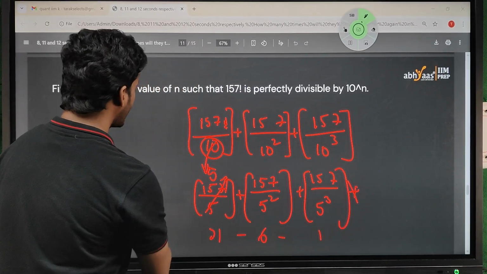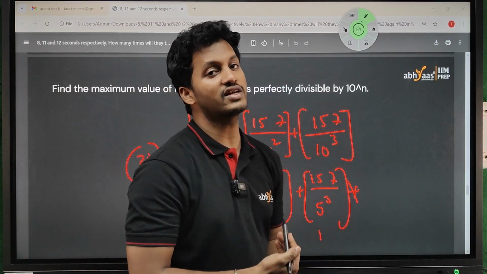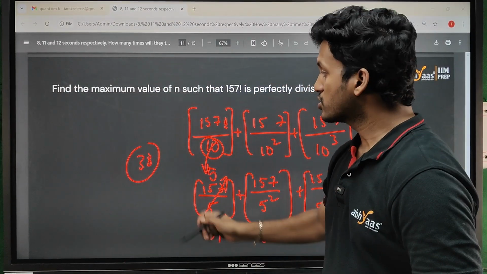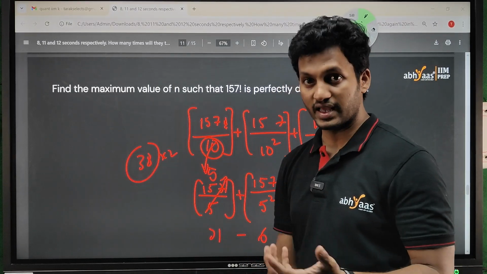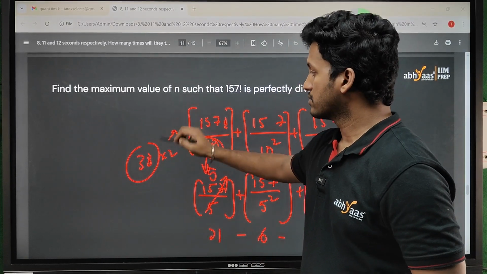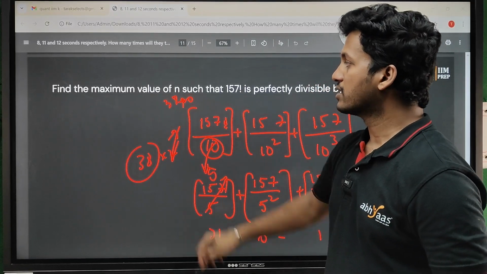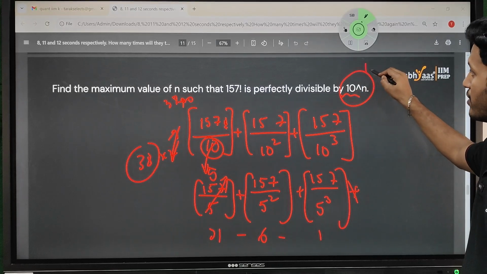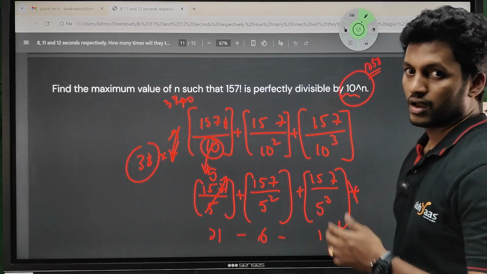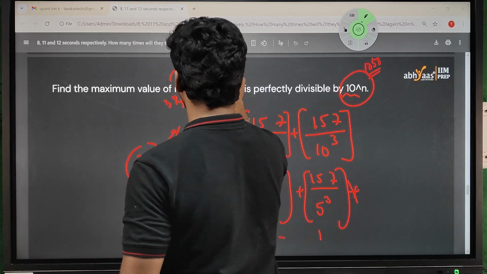So in total there are 38 5's in the given factorial. 38 5's will come out of 157 factorial. So when the 38 5's combine with 2's, we get 38 zeros. So for the zeros to cancel, I can take 10 power 38. So the maximum value of n possible is 38.